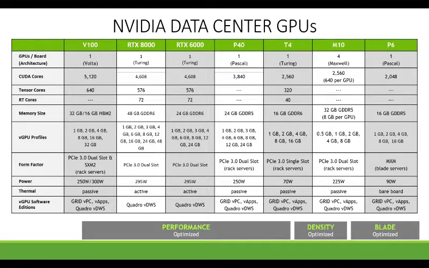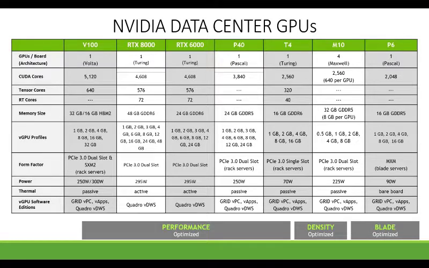And then from a vGPU software edition standpoint, every GPU except the Quadro cards supports all virtual GPU products. The RTX cards, and I will now dive into a little bit more about where to use them, only the Quadro VDWS software edition is supported. So the Quadro cards are purposely built GPUs for the media and entertainment sector.